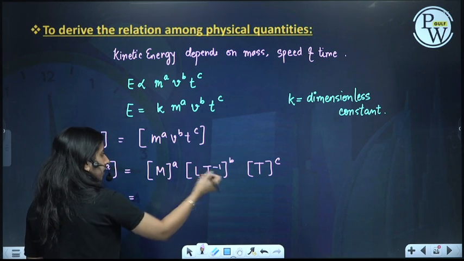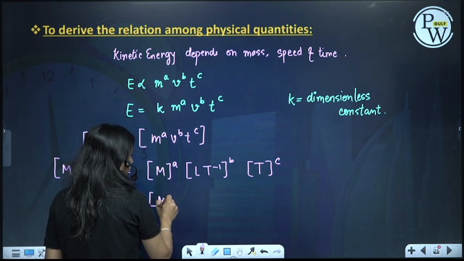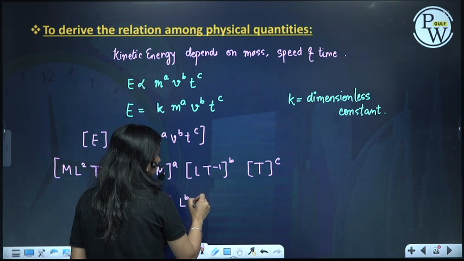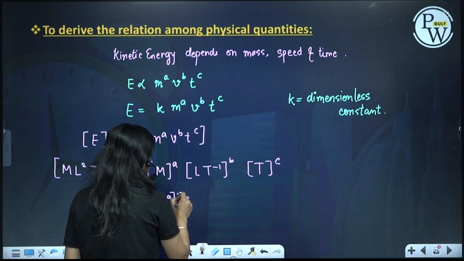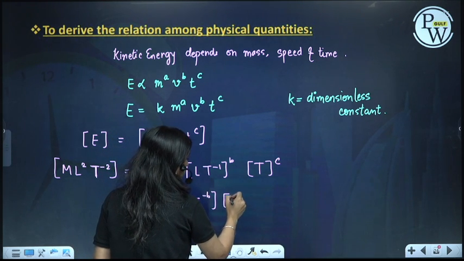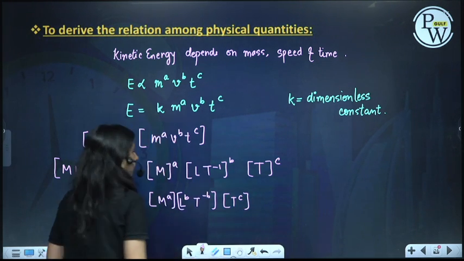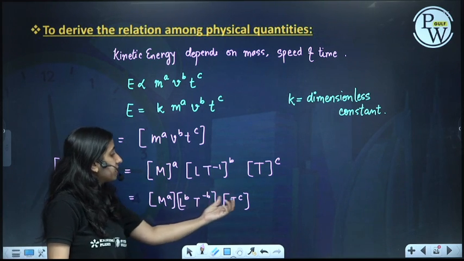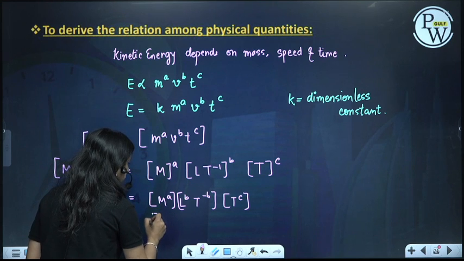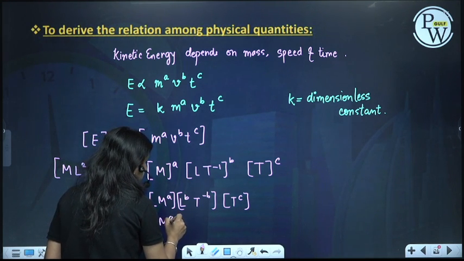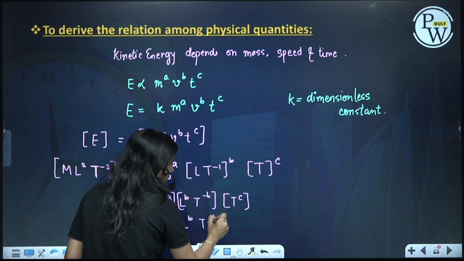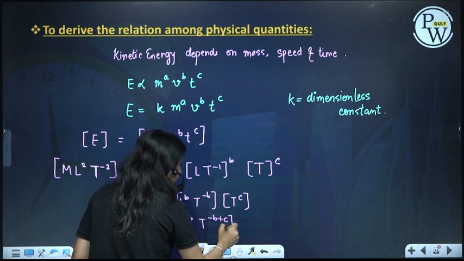Now combine them. So this will become M raised to the power a, L raised to the power b and T raised to the power minus b and T raised to the power c. Now see, the base is the same, they are in multiplication, so powers will get added. So what we will get is M raised to the power a, L raised to the power b, T raised to the power minus b plus c.